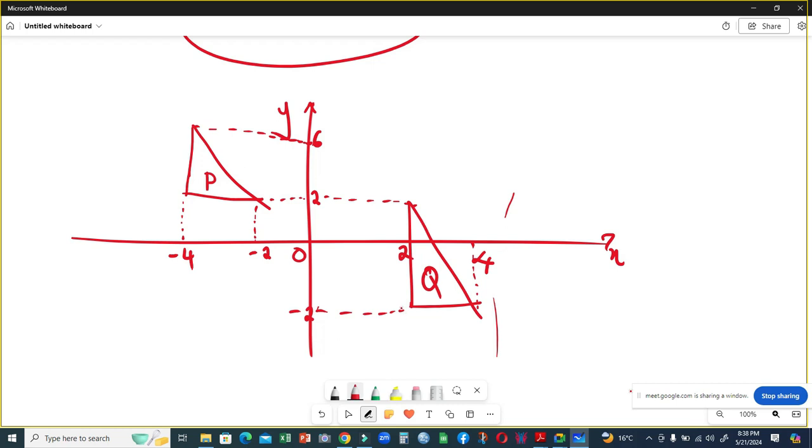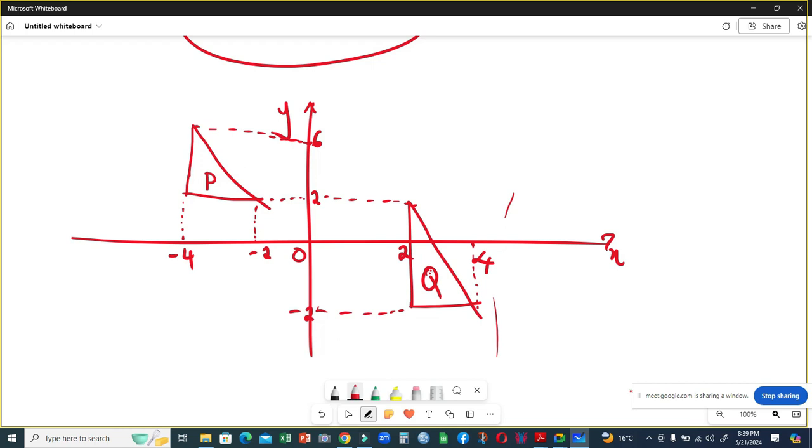Describe fully the single transformation which maps triangle P onto triangle Q. So in short, the question wants us to describe the transformation that will map this P into a Q.